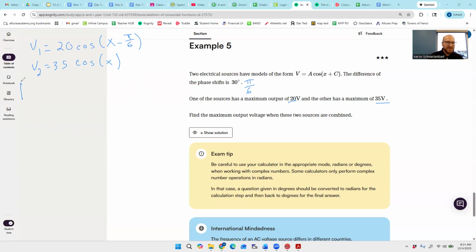So we're going to take and put these into Euler form. It's cosine, so it's the real part. 20 e to the x minus pi over 6 i, plus 35 e to the xi.